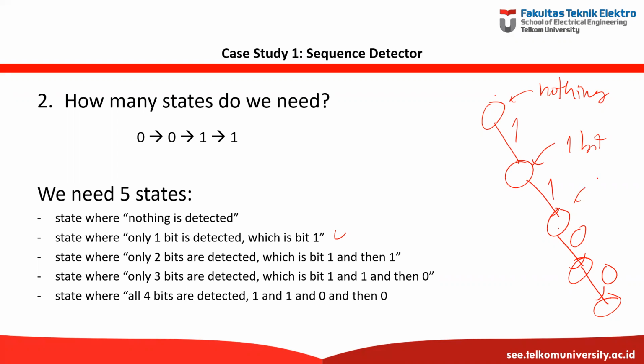And this is the state where 2 bits are already detected. And this one is 3 bits detected. And the last one is where 4 bits are already detected. So this is the final state. All 4 bits are detected, which are 1, 1, 0, and 0. So we need 5 states.